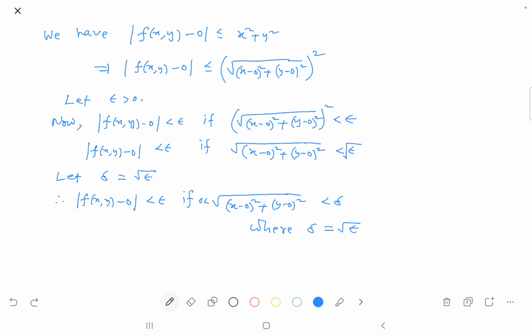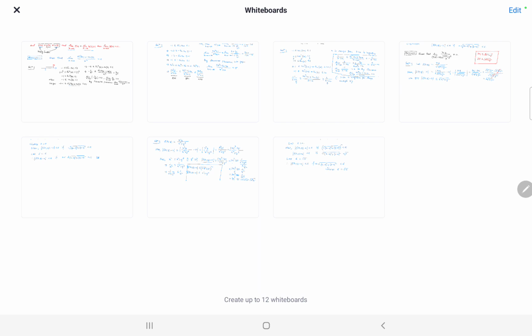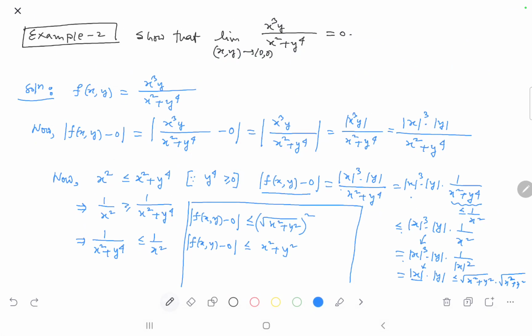This is a little bit tricky example because here we had x² plus y⁴. As usual we did it, |f(x,y) - 0|. The only problem is x² plus y⁴. That problem we solved by using the inequality that x² is less than or equal to x² plus y⁴, so 1 by (x² plus y⁴) is less than or equal to 1 by x².